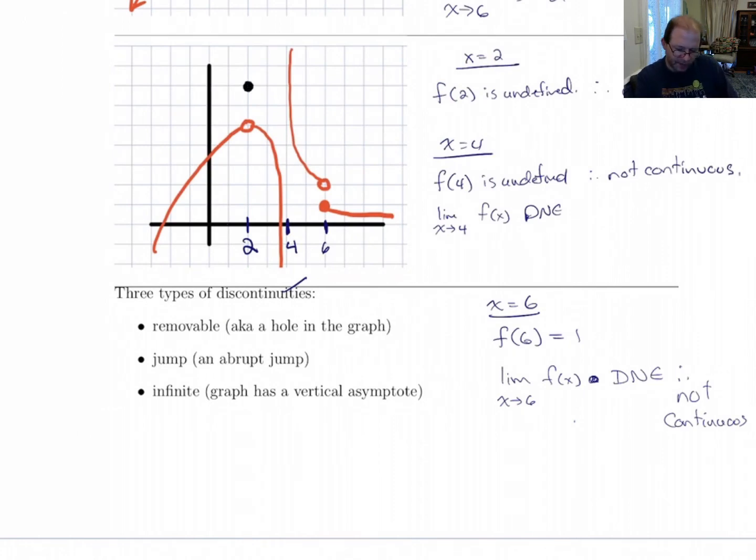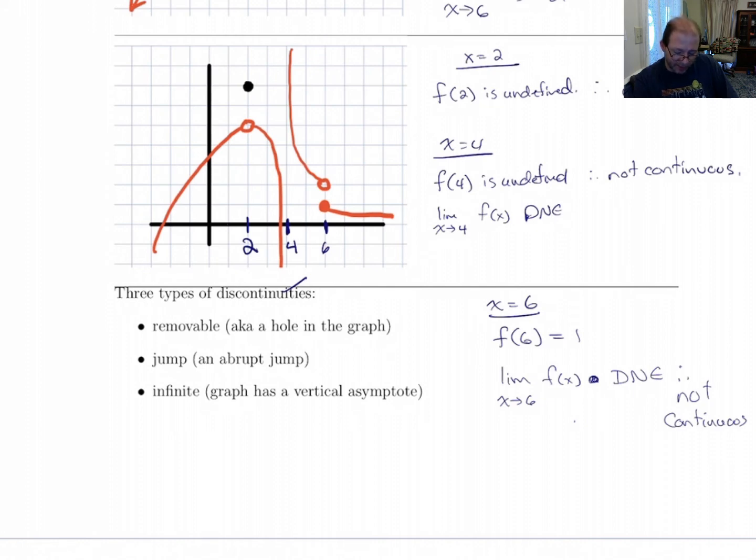So if I change that function and I put a dot in there, then f of 2 would be defined. It would be defined as whatever that y-coordinate is. The limit would be defined as the y-coordinate of this point, but they wouldn't be equal. So even if we added this point to the graph, it would still be discontinuous there.